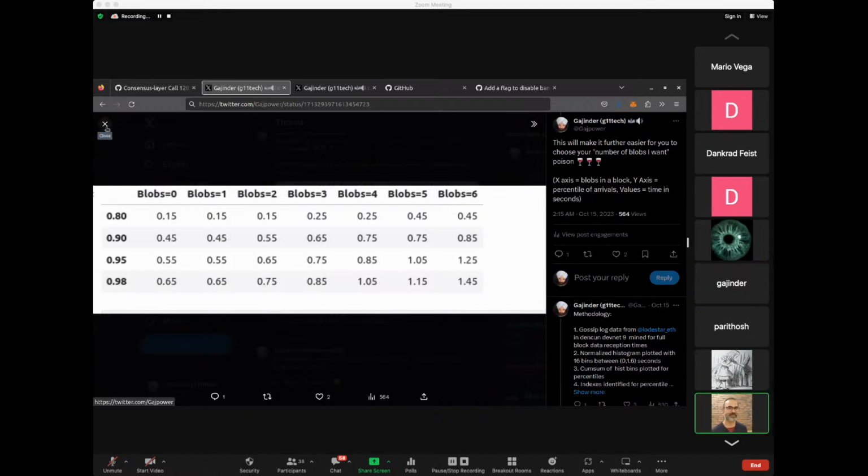And this is pure network latency. This is not considering any validation plus block import, right? Correct. Wait, that's what confused me. That's what I just asked.